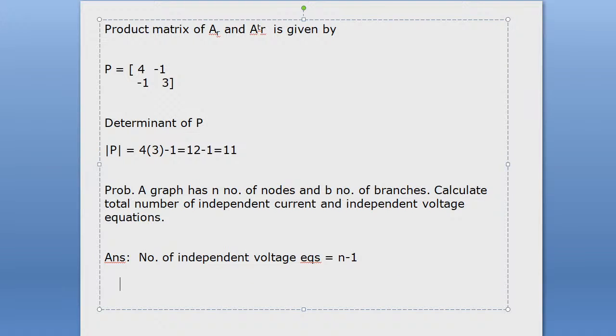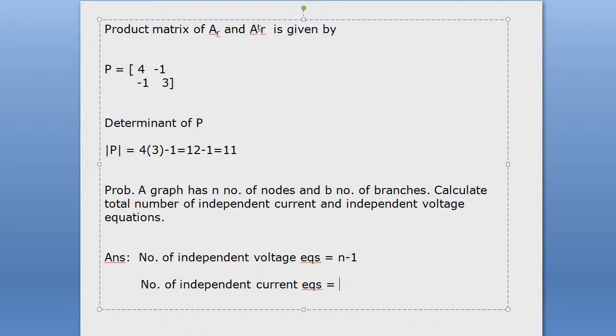On the other hand, what does the number of loop equations mean? Branch equation, loop equation or mesh equation. The number of independent current equations is equal to the number of links, which are associated with a co-tree, or which are not associated with a tree.